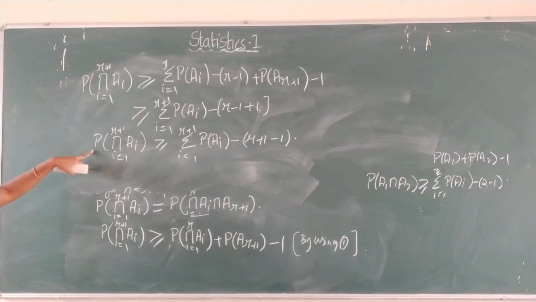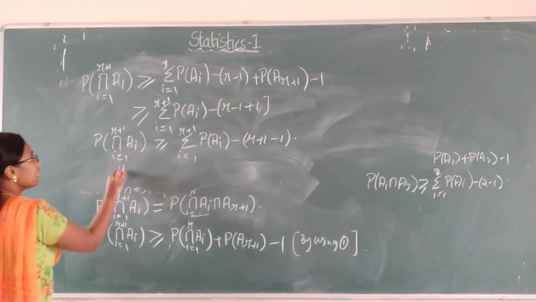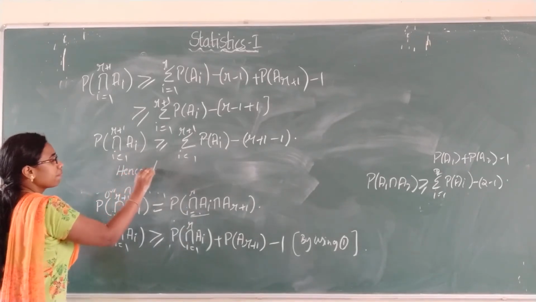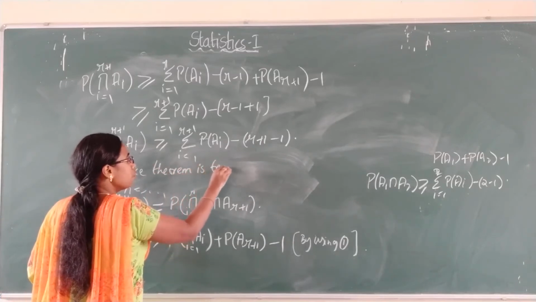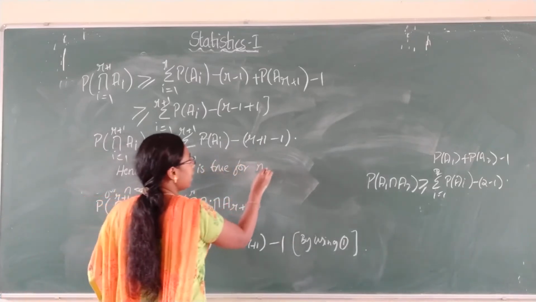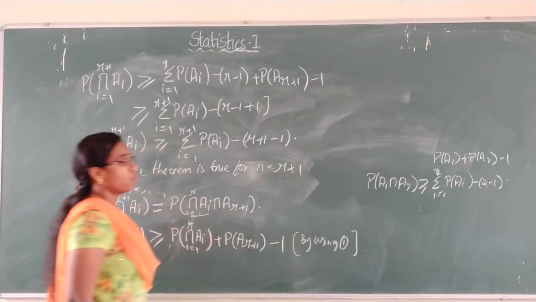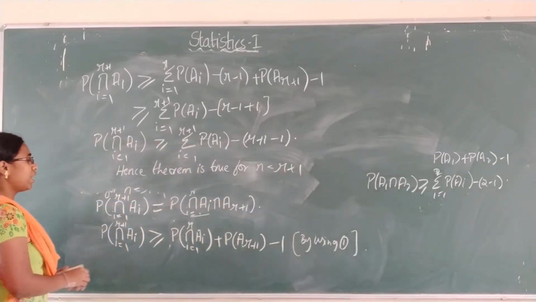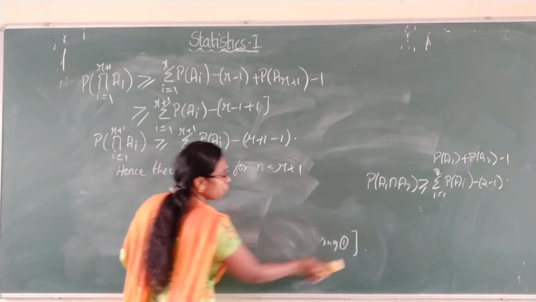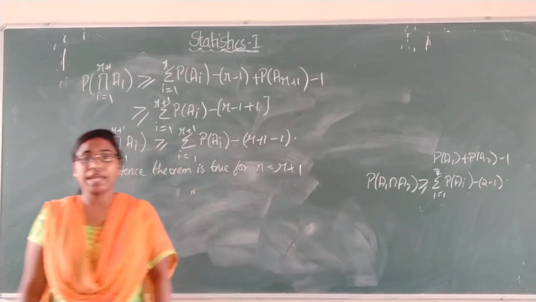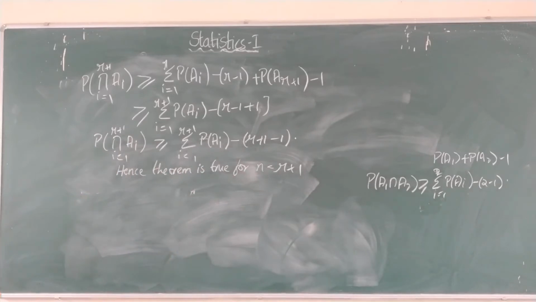So this is proved, hence the theorem is true for n equals to r plus 1 events also. So therefore, by mathematical induction, the theorem is true for all n events. So this is about Boole's inequality.